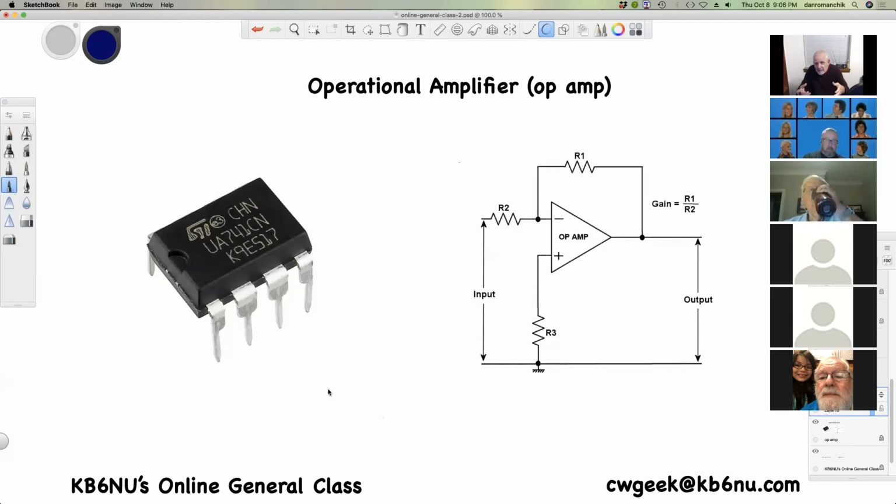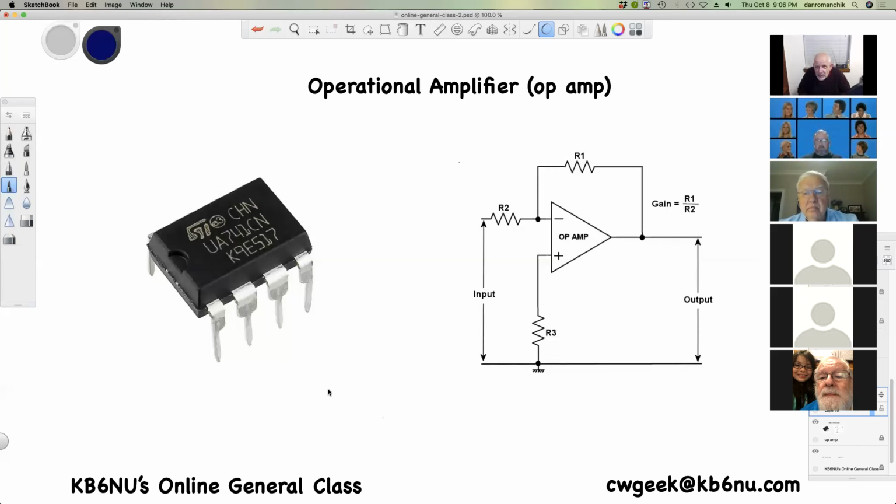So with a couple of resistors and an op amp IC, you have a really nice high gain amplifier. And the reason they can get away with that is the way the op amp is designed inside, without those resistors, they have almost infinite gain. They have a very high gain, and then by putting these resistors on, you limit it.